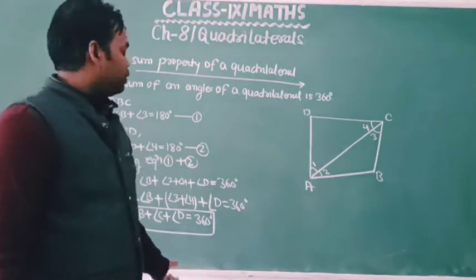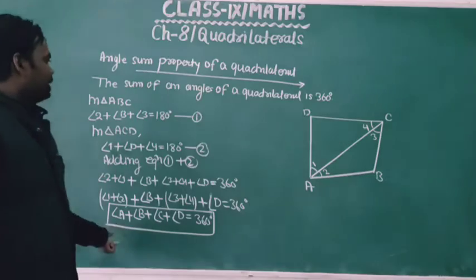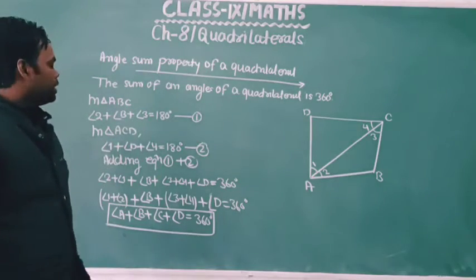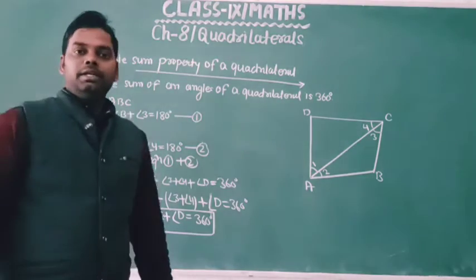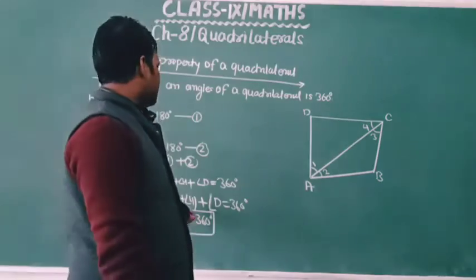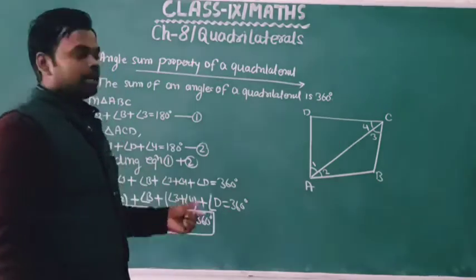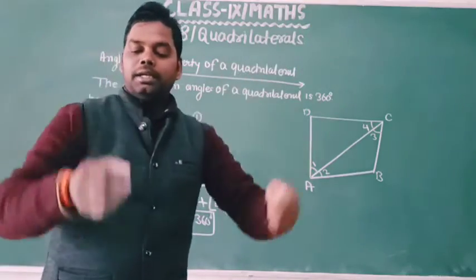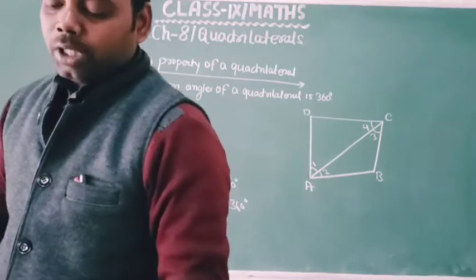So here the proof is verified: the sum of the angles of a quadrilateral is 360 degrees. Okay, I hope it is clear how to prove the sum of the angles of a quadrilateral is 360 degrees. And now let us move to the next topic.